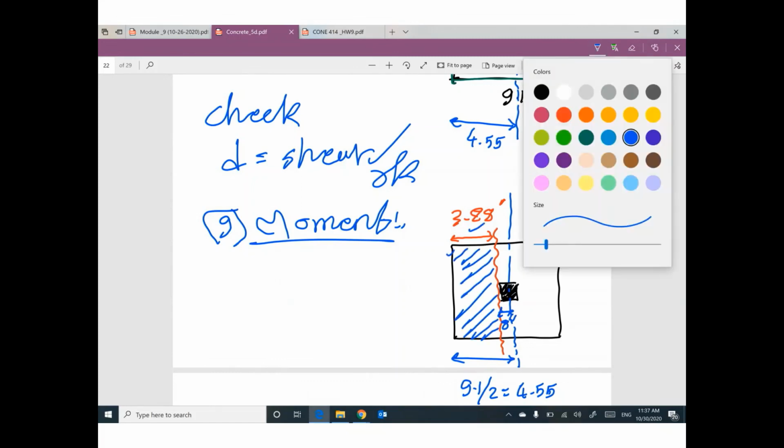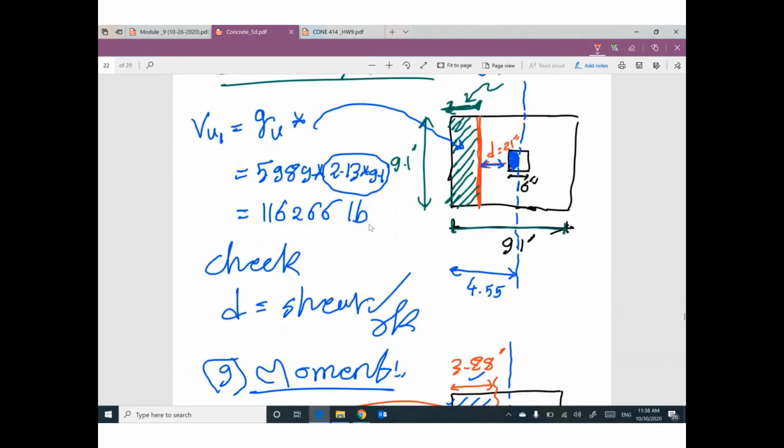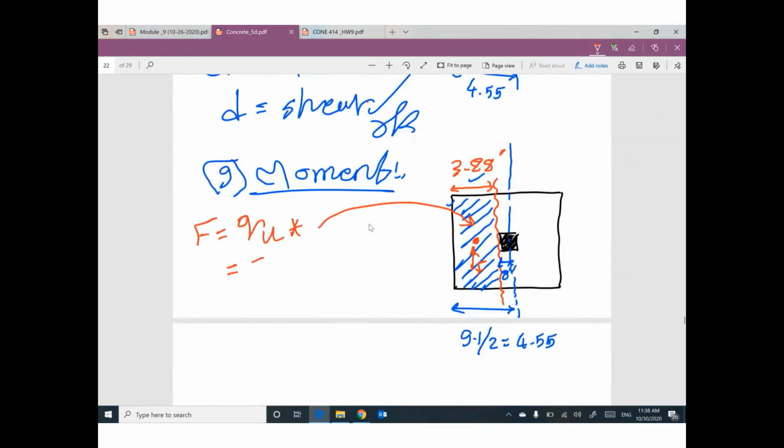If you would like to get the force on this area, it will be Q ultimate times this area. The value of Q ultimate was 5,989 times this area, 3.88 times 9.1.